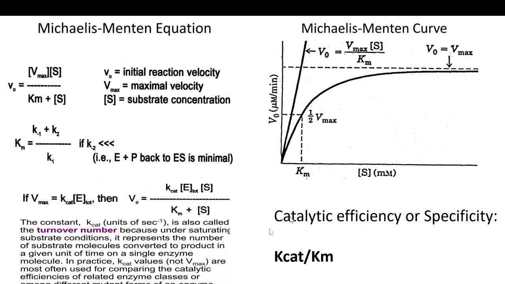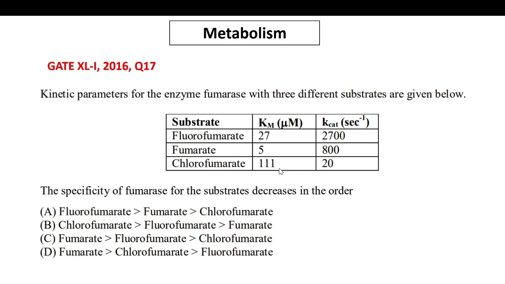In our question, what is being asked is to find the specificity. They have already given the Kcat and Km values, and we only need to find the specificity and arrange the substrates in decreasing order. So the question is simple.